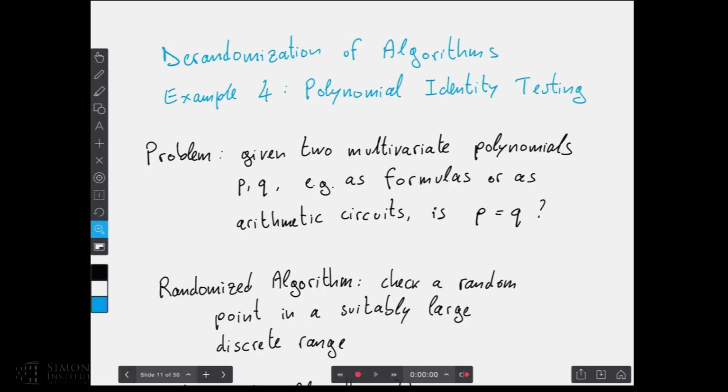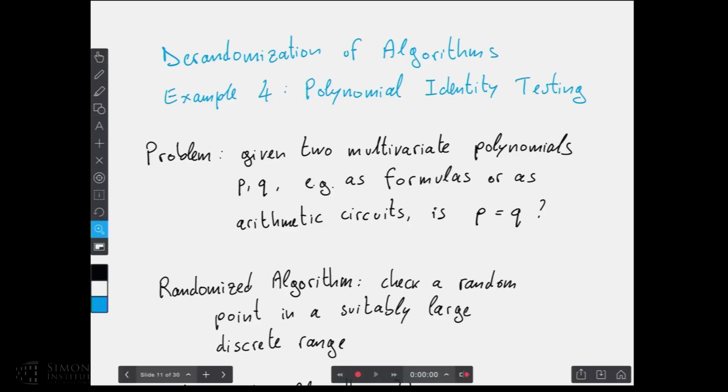You have variables x1, x2 up to xn, but you can also have intermediate variables y, z, and so on. So you can write things like y is equal to x1 plus x2, z is equal to y times x4. Given 2 polynomials in this form, multivariate, are they the same?